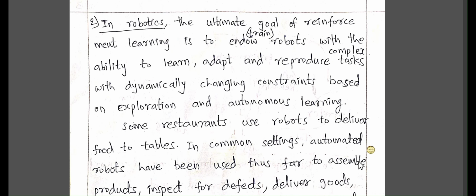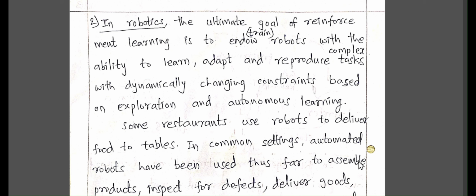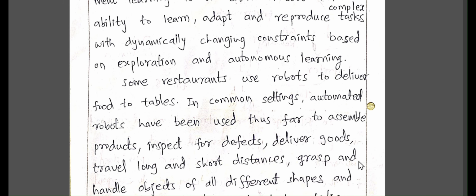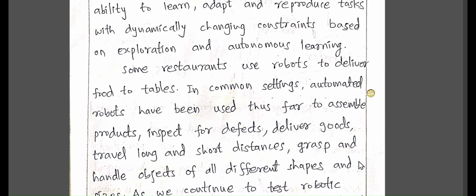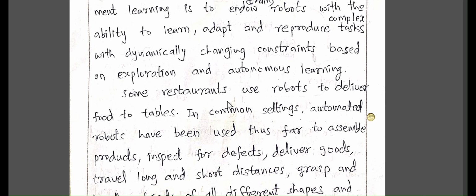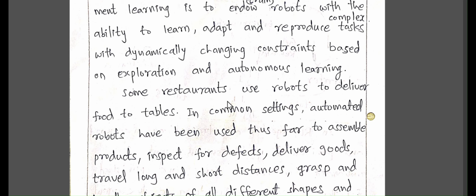And also robotics. The ultimate goal of reinforcement learning is to train robots to learn, adapt and reproduce tasks with dynamically changing constraints based on exploration and autonomous learning. So the robots or the agents explore the whole environment and learn through the previous decisions or actions they take.